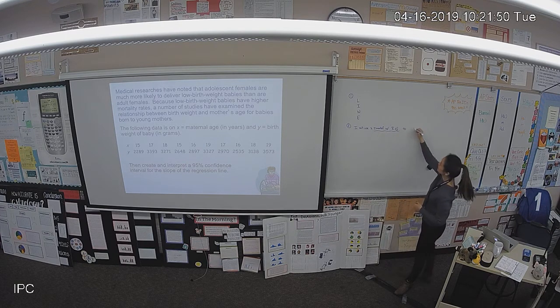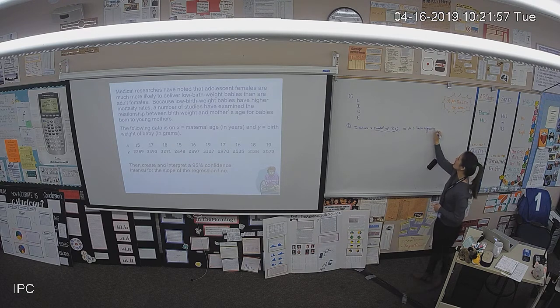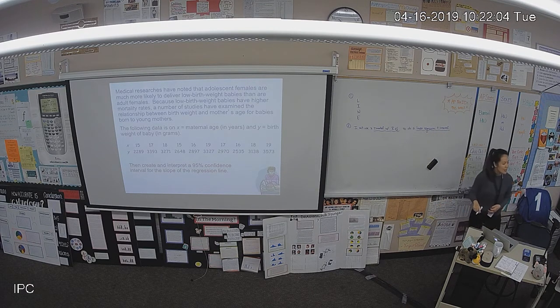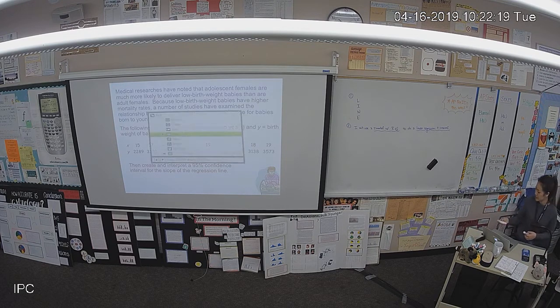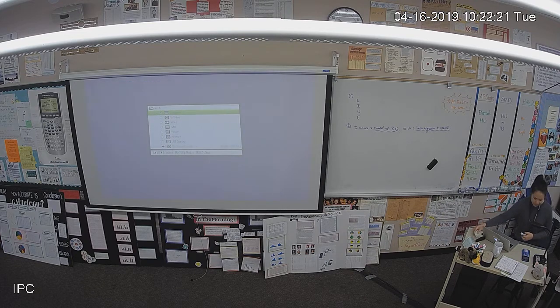To do a linear regression t interval. So same statement as yesterday, we're just doing an interval this time. Now I have all the data in my calculator already, so I'm going to show you the easy way first, which is just they give you a list of data.